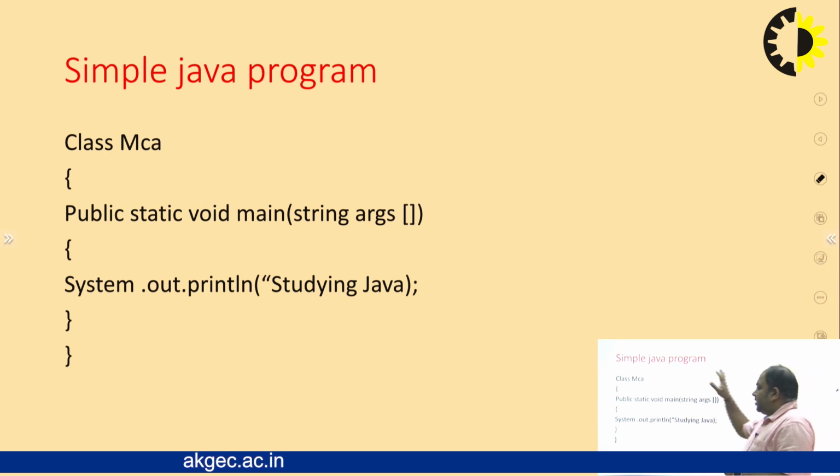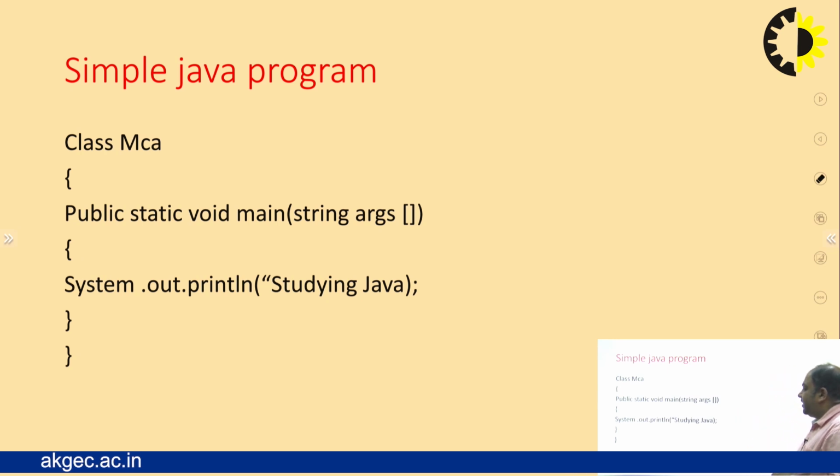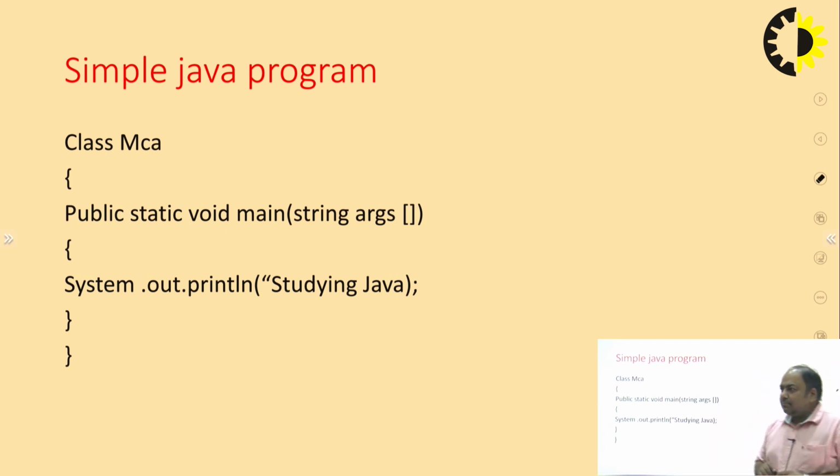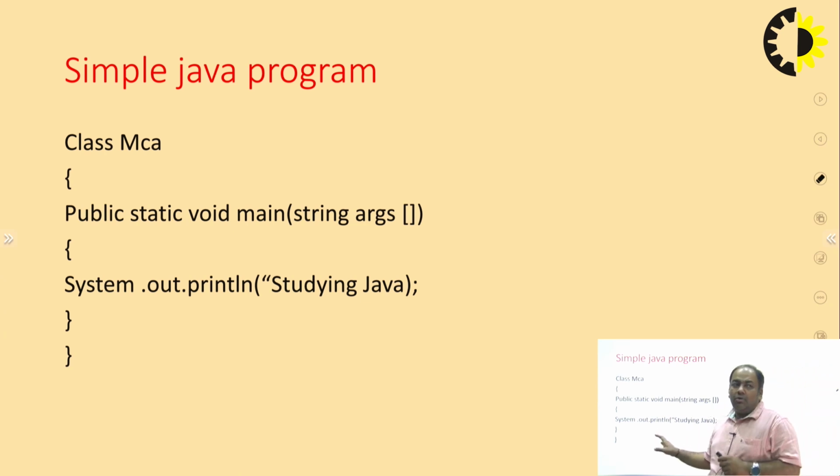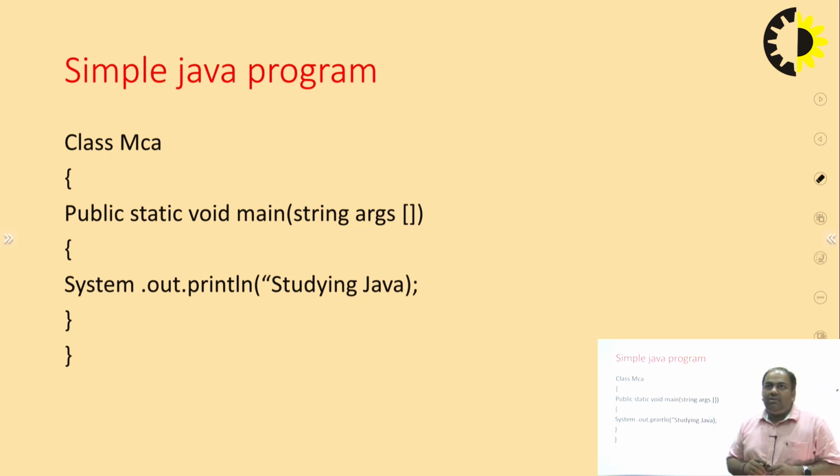What is this program going to do? This program is simply going to print a text which says studying Java. By the use of what? We use system.out.println. Like in C++ we use cout, in C we use printf. But for printing any statement in Java, we use system.out.println.